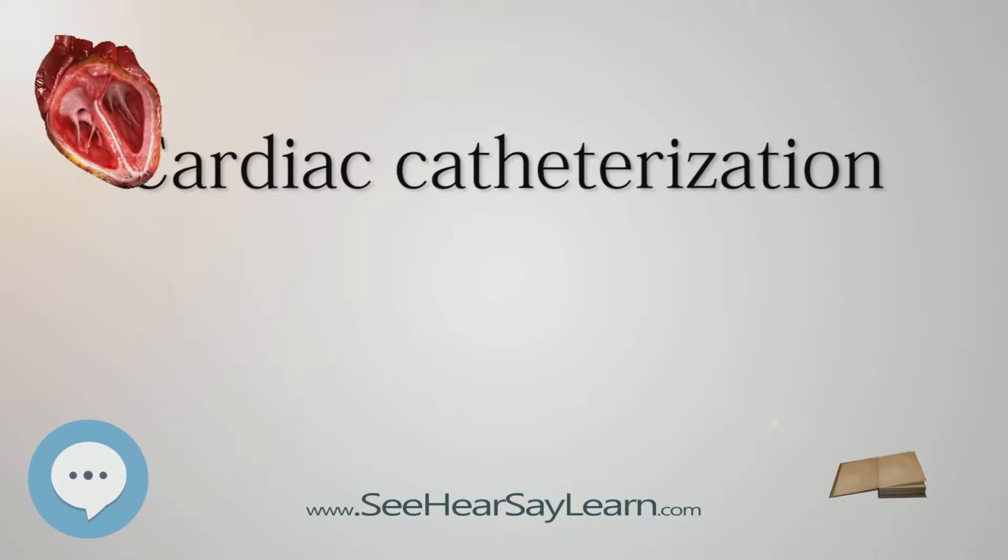Cardiac catheterization requires the use of fluoroscopy to visualize the path of the catheter as it enters the heart or as it enters the coronary arteries. The coronary arteries are known as epicardial vessels as they are located in the epicardium, the outermost layer of the heart. Fluoroscopy can be conceptually described as continuous X-rays.